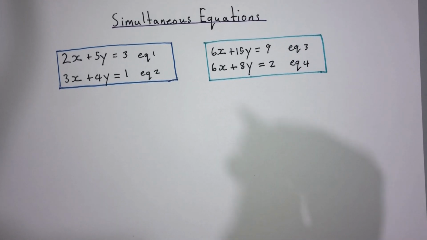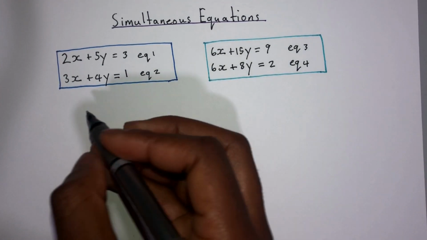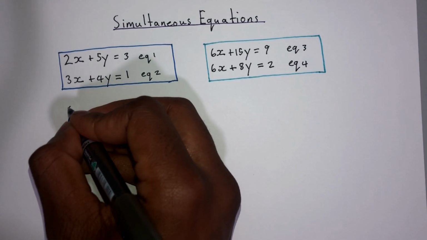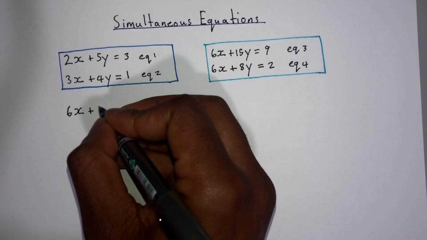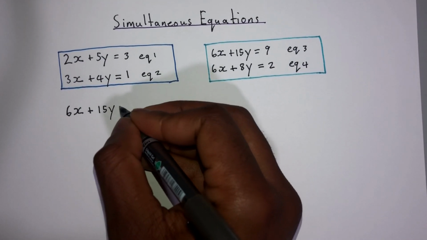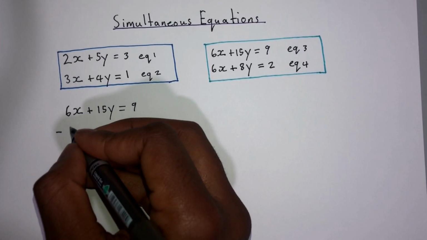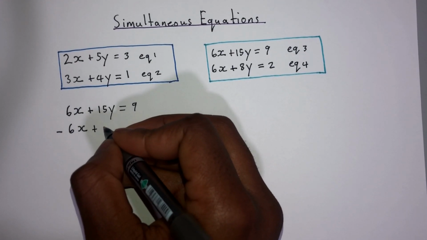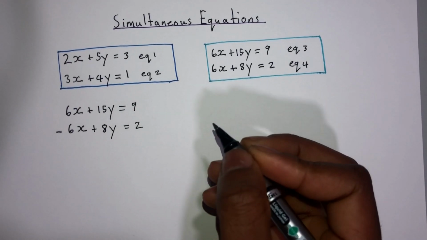Now we're going to subtract equation 4 from equation 3. So equation 3, 6x plus 15y equals 9. And we're going to subtract equation 4, which is 6x plus 8y equals 2.